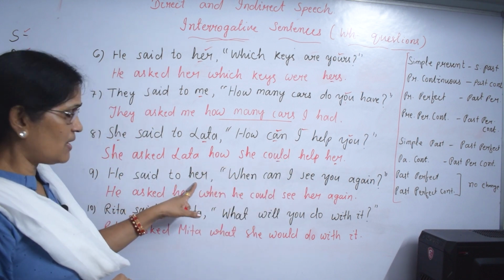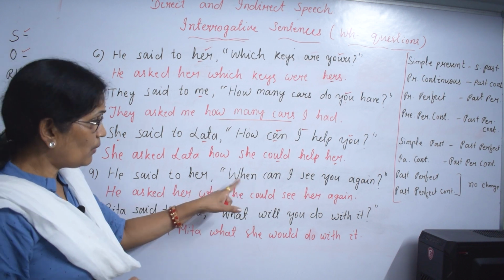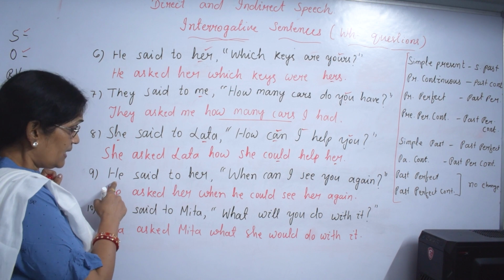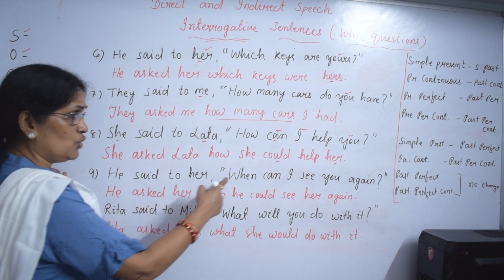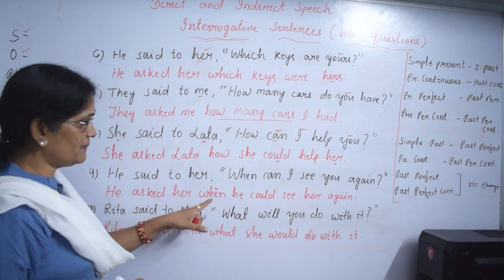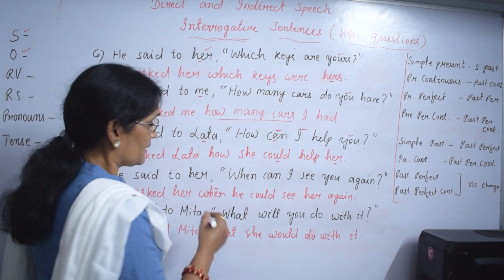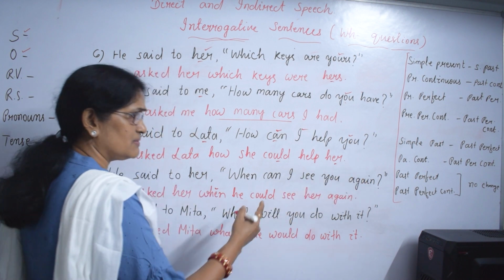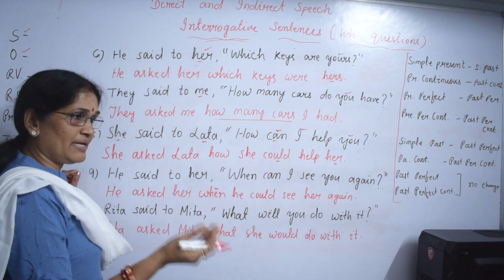He said to her, when can I see you again? He asked her, when? That will be as conjunction. That will be written. When can I see you again? Change it into declarative sentence.